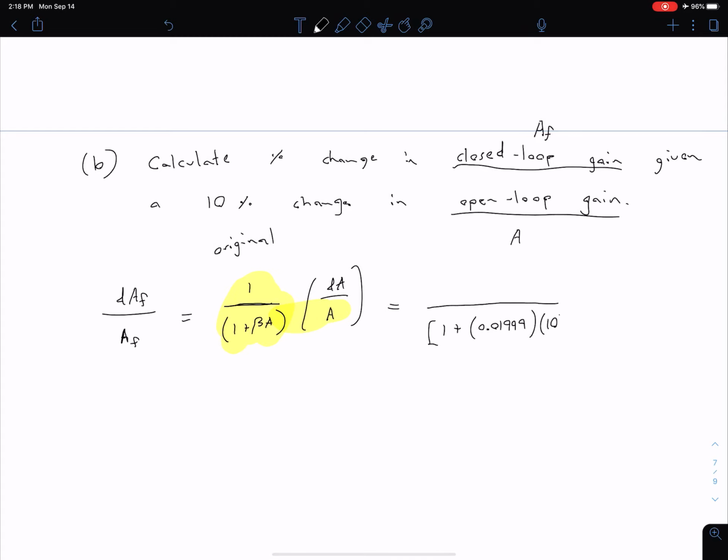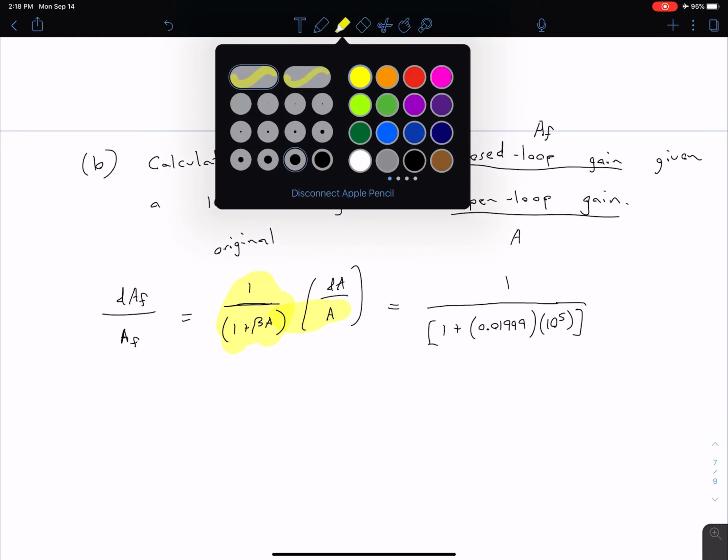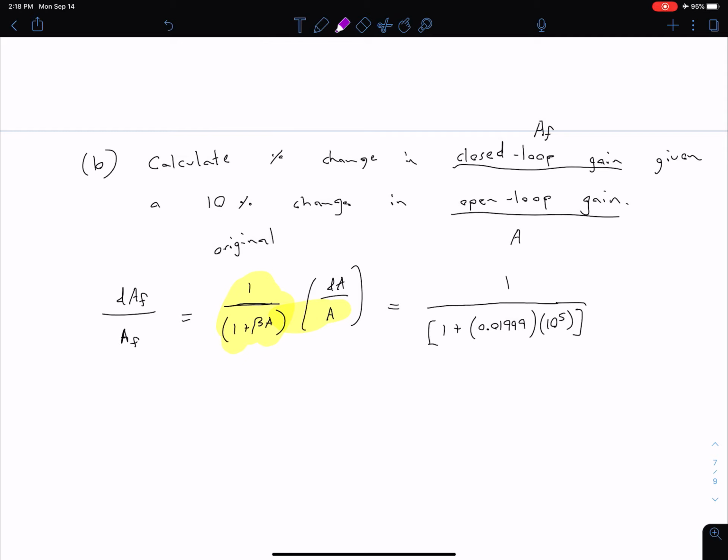Our original A is 10 to the fifth, so all of that divided by 1. Remember, this value down here, this 1 plus beta A, is our desensitivity factor. And we multiply that then by our original A, which is 10 to the fifth.